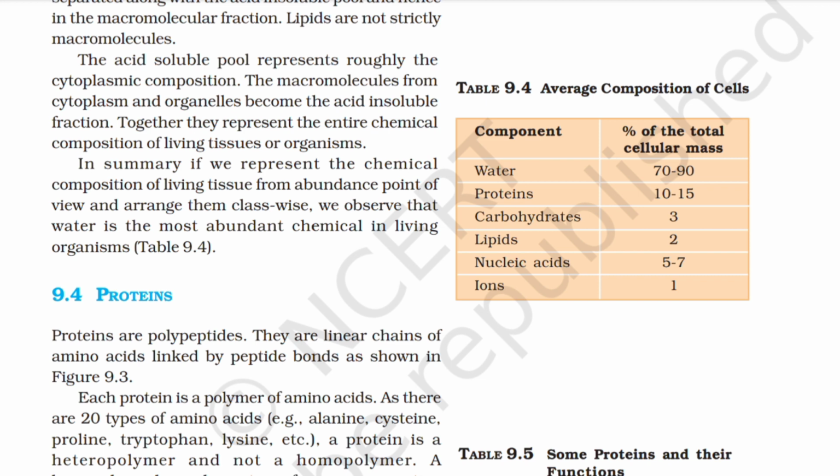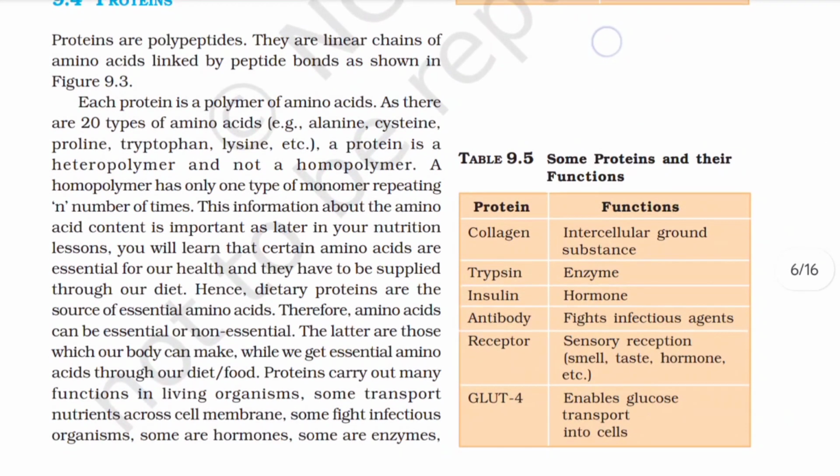9.4 Proteins. Proteins are polypeptides. They are linear chains of amino acids linked by peptide bonds as shown in figure 9.3. Each protein is a polymer of amino acids, as there are 20 types of amino acids.